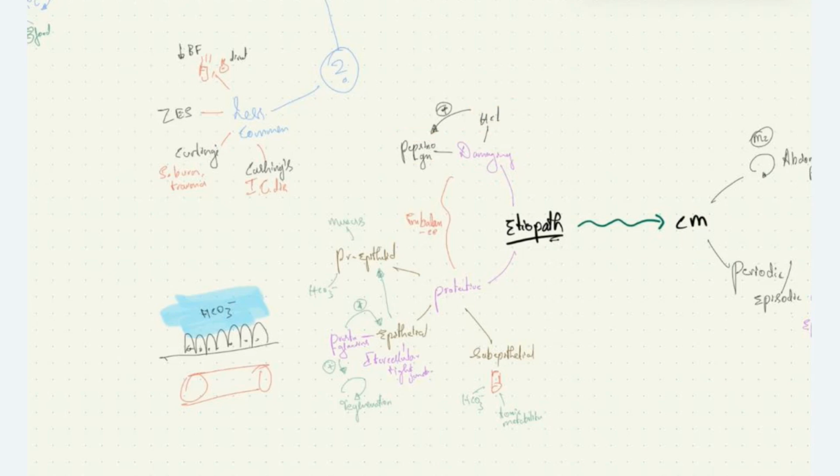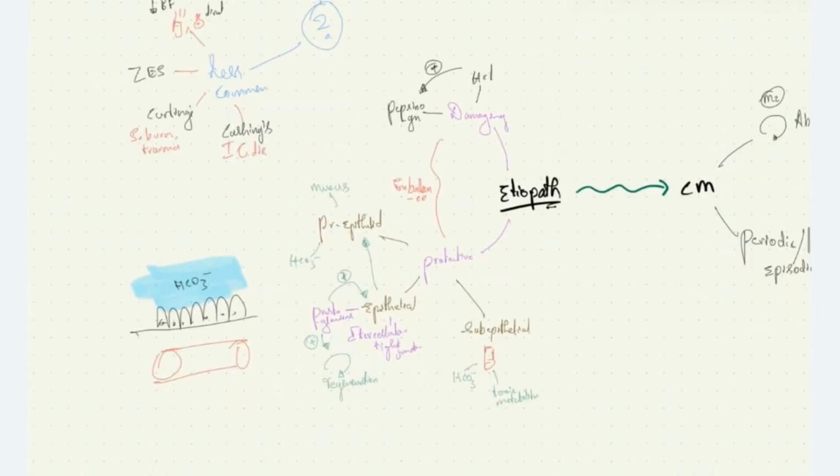It prevents the proliferation of microbials. The HCl pH, stomach pH, is an innate immunity in itself. With respect to peptic ulcer disease, it's a damaging factor. The HCl and then the pepsinogen enzyme, the protein enzymes which can damage the proteins, are the damaging factors.